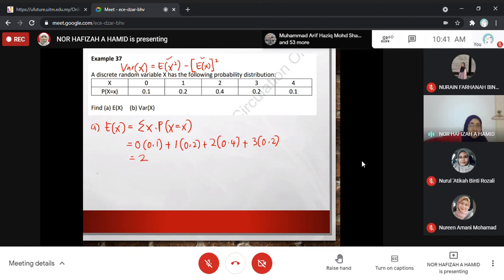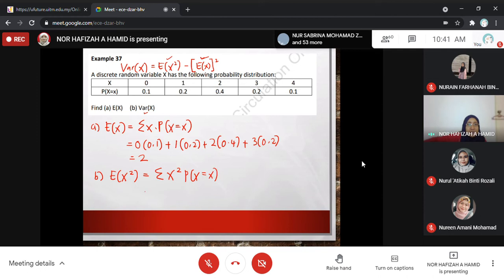Next for B, you need to find the variance. In order to find variance, you need to have Ex, which you already have from A. So you need to calculate Ex square first. For Ex square I also use the formula: the summation of x square times the probability.